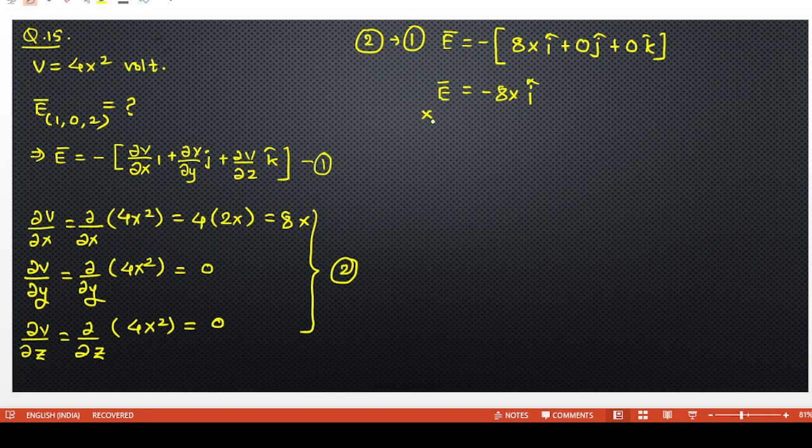This is the electric field at any general point x, y, z. Comment on this. Is this uniform or non-uniform? Non-uniform, it changes with x. Now on your own, find the particular electric field at the particular position.